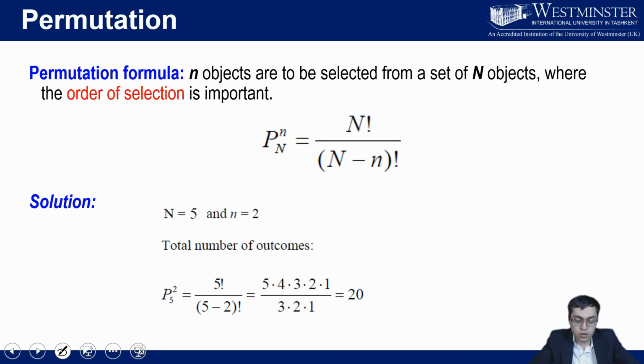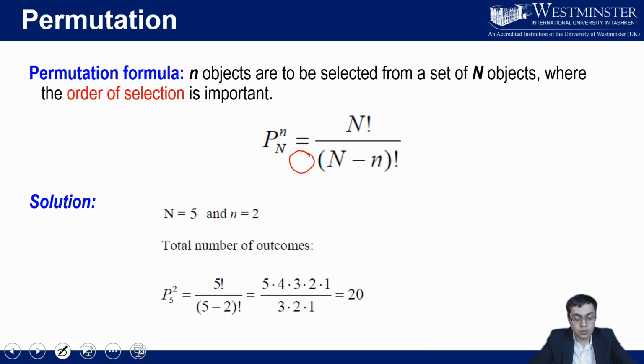So the formula for a permutation is just large n factorial divided by the difference between large n and small n factorial. Notice that the only difference between a combination and a permutation is that in a combination we are dividing by small n factorial, whereas in permutation we don't have that figure over here.